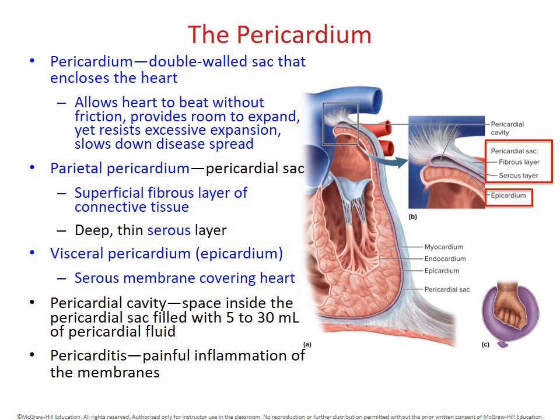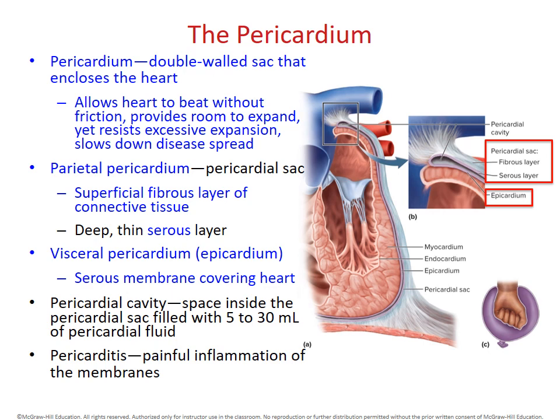The fibrous layer is composed of mostly connective tissue. The serous layer is going to be a little bit thinner. It tends to be more of a deeper layer, and as you can see, it's going to be on the inside of the pericardial sac. And this is important to point out because what we're also going to see is as it's pointing inwards, you're going to have an additional layer that makes up the pericardium.